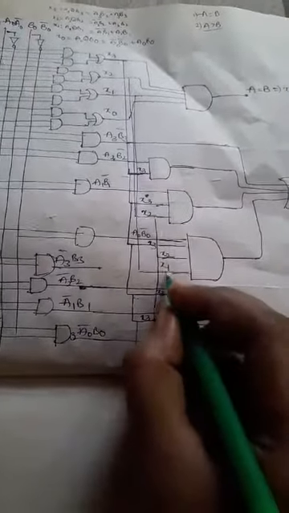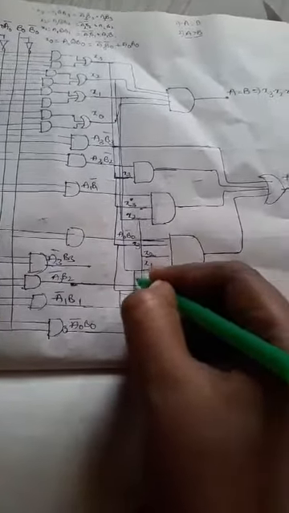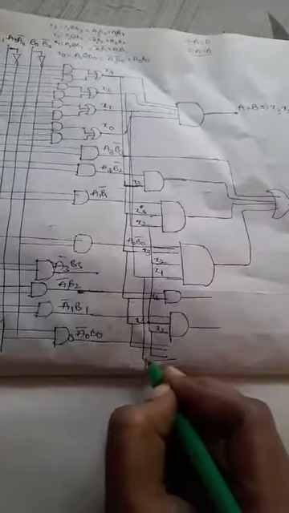Sorry, A0 complement, B0. So A0 complement is here and B0 is here. So this is A0 complement, B0. Again this one is needed with X3, X2, X1, so it is multiplied with the 3 XNOR gates. I have to take X1, X2, X3 from here, and this one is A0 complement, B0.